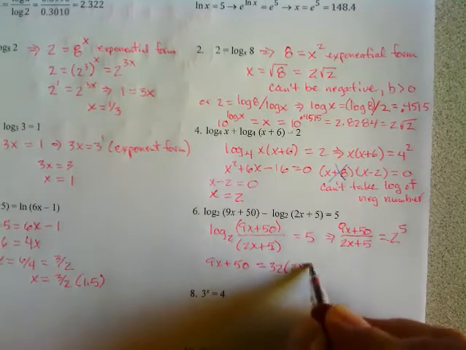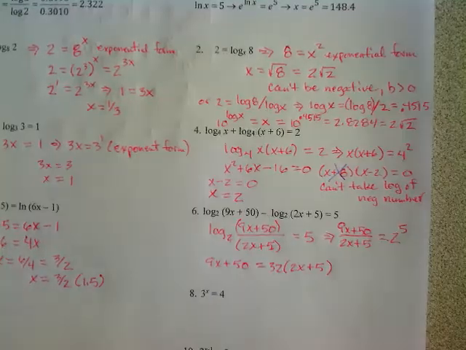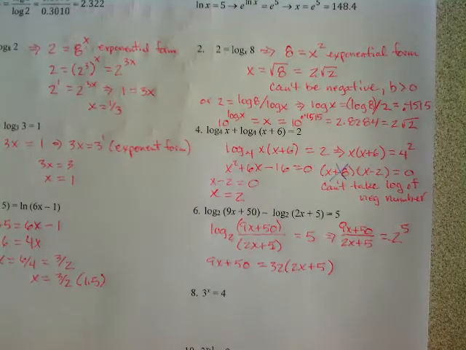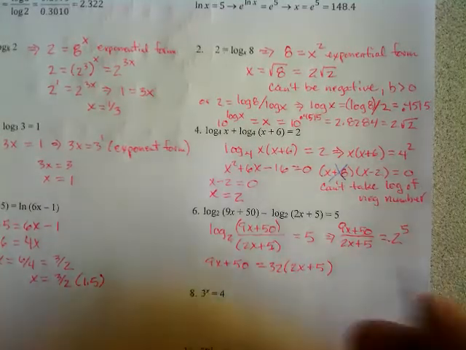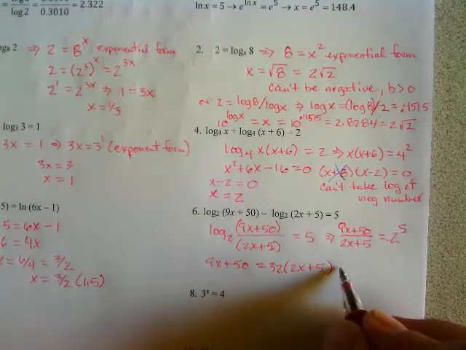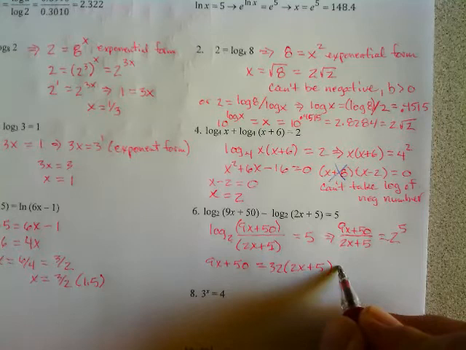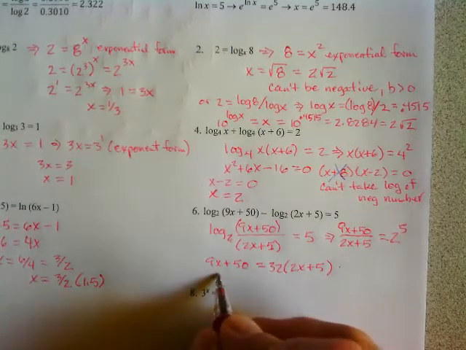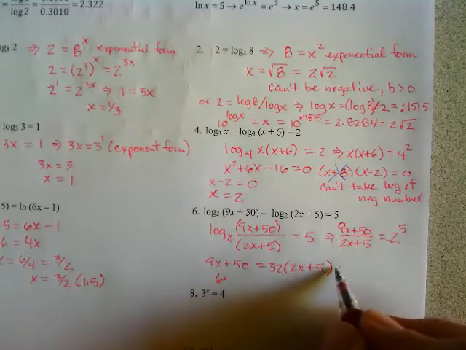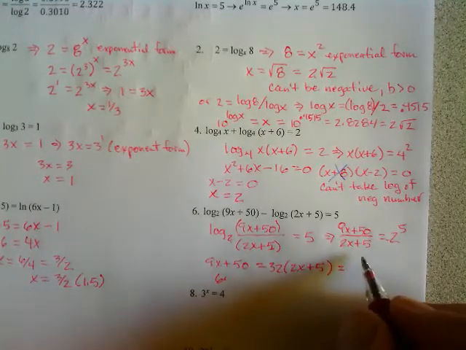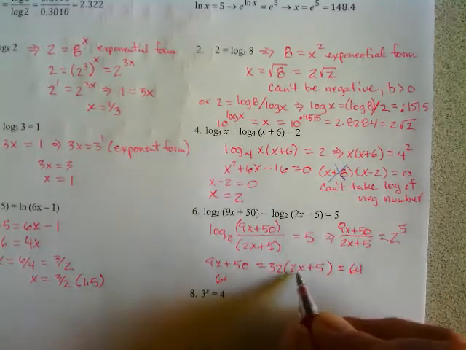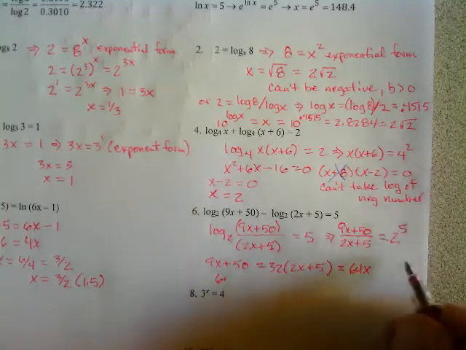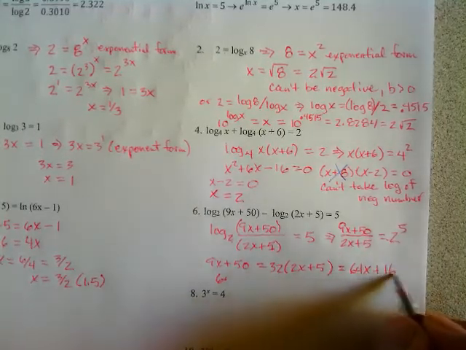And get rid of my fractions by multiplying both sides by the 2x plus 5. Then we can simplify this. This part here will equal 64x, 32 times the 2x, plus 160.